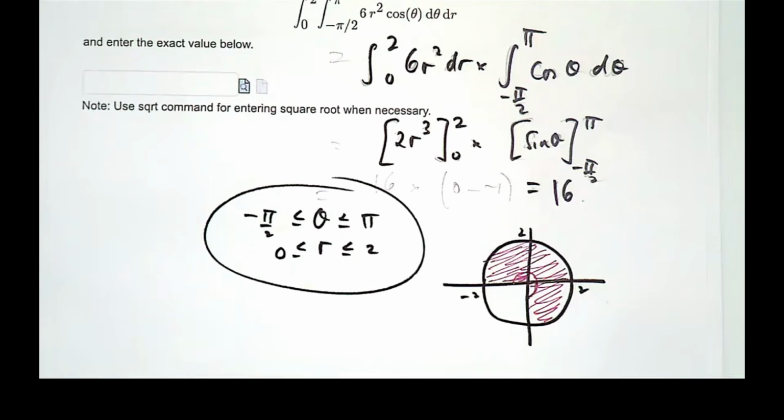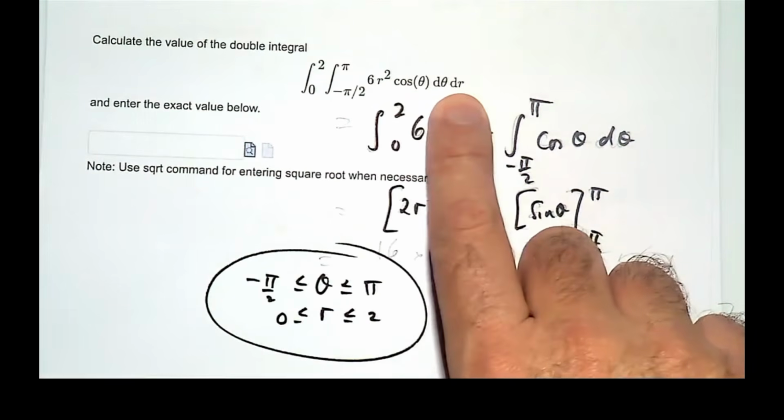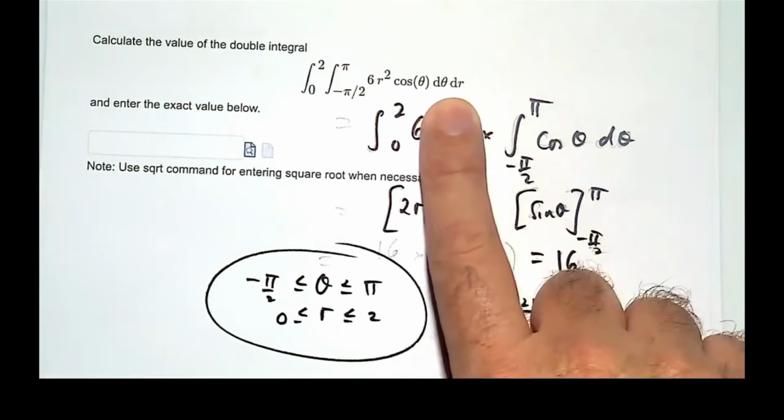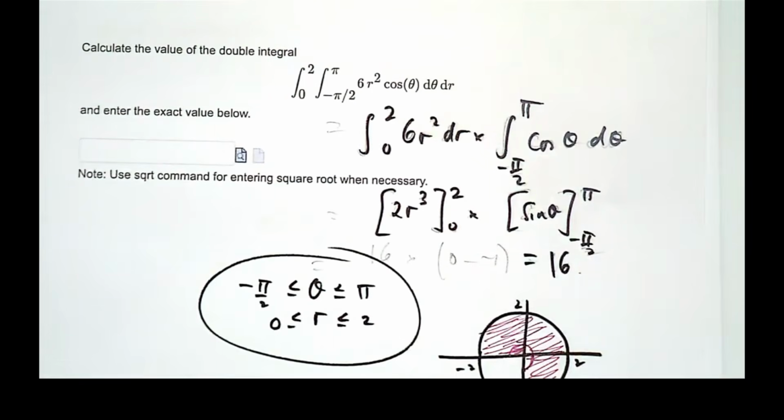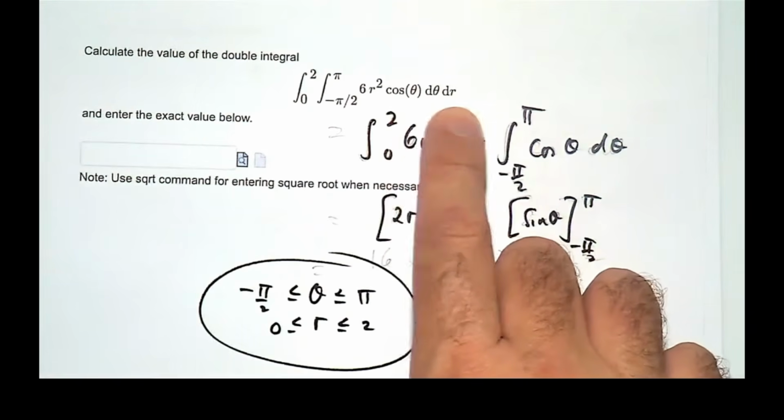Now, there's also something about this question that is a little bit triggering. Notice the d theta and the dr are sort of switched around from most of the ways that you're doing the problem. Does the order matter? What happens if I got triggered and say, I like to write my ones dr d theta?